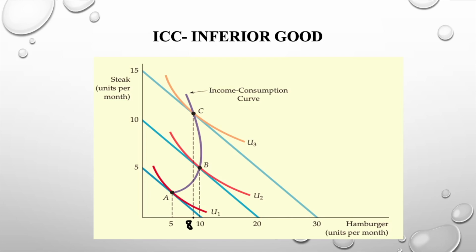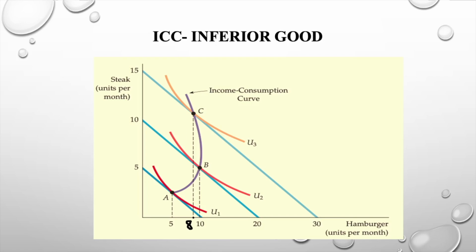Suppose the consumer's income increases to $30 and he reaches budget line 15-30. Then his optimal bundle of consumption changes to point C, where he consumes only 8 units of hamburger.